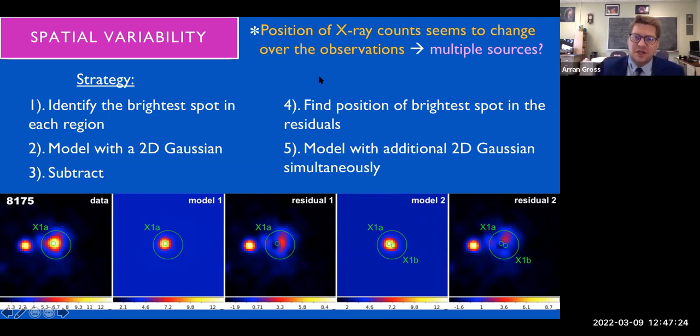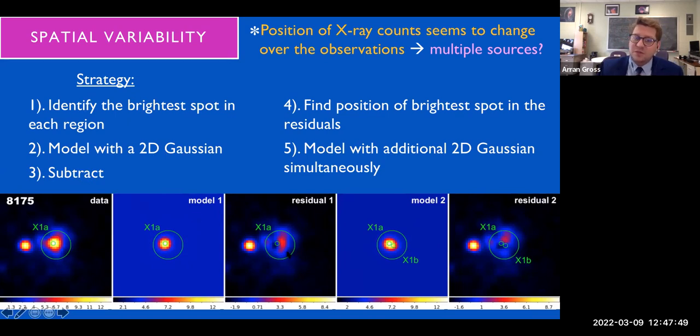So we would like to know if there are indeed multiple sources in each of these regions flickering on and off. And our strategy, as usual, is to identify the brightest point in each of these regions using wavdetect, model it with a 2D Gaussian or a delta function convolved with the point spread function, and then subtract it from the model.